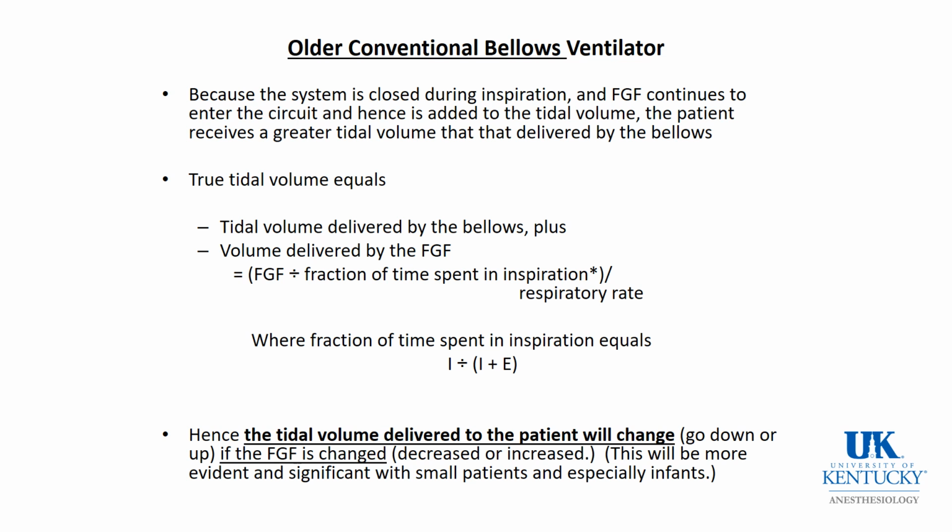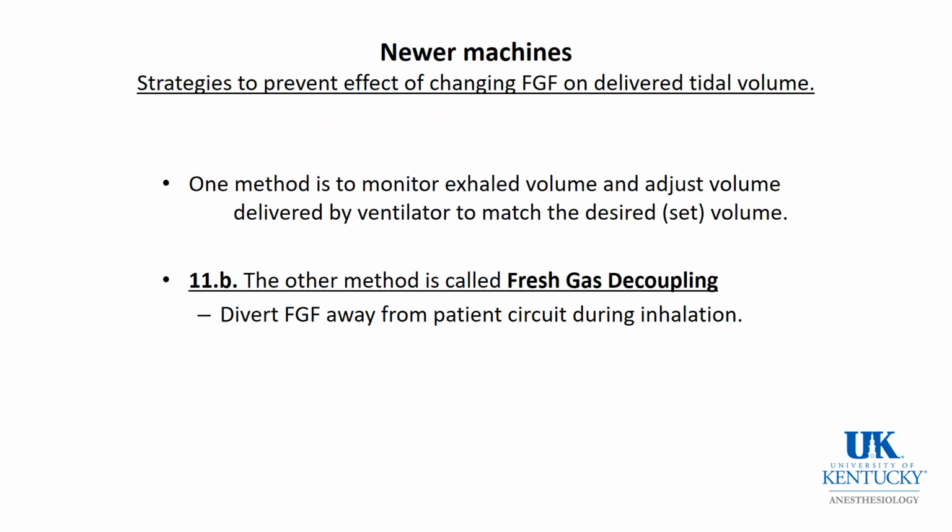And so when the system was closed, any fresh gas flow that was coming into the system would be added to the tidal volume coming from the ventilator. And so if you had a high fresh gas flow, they'd get a lot of tidal volume. And conversely, if you lowered the fresh gas flow, they would get less tidal volume. And that made anesthesiologists have to pay a lot of attention to the impact of fresh gas flow on how much the patients were getting from the ventilator.